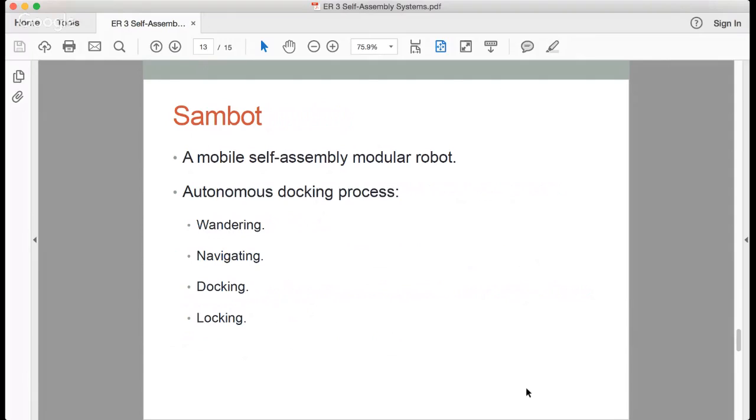It stops moving when the mechanical touch switch on the docking interface is pressed down. Then locking takes place when docking hooks lock tightly. After the active module confirms the connection with the target, the locking is accomplished.